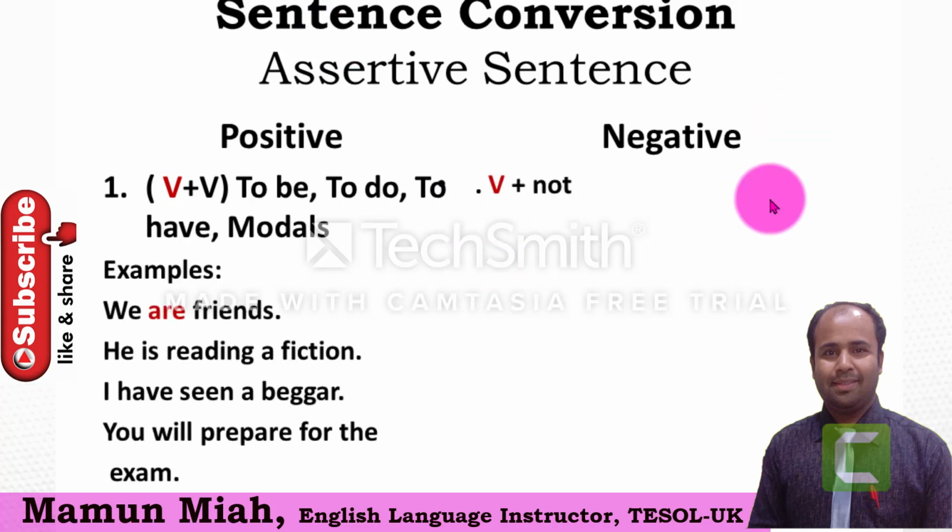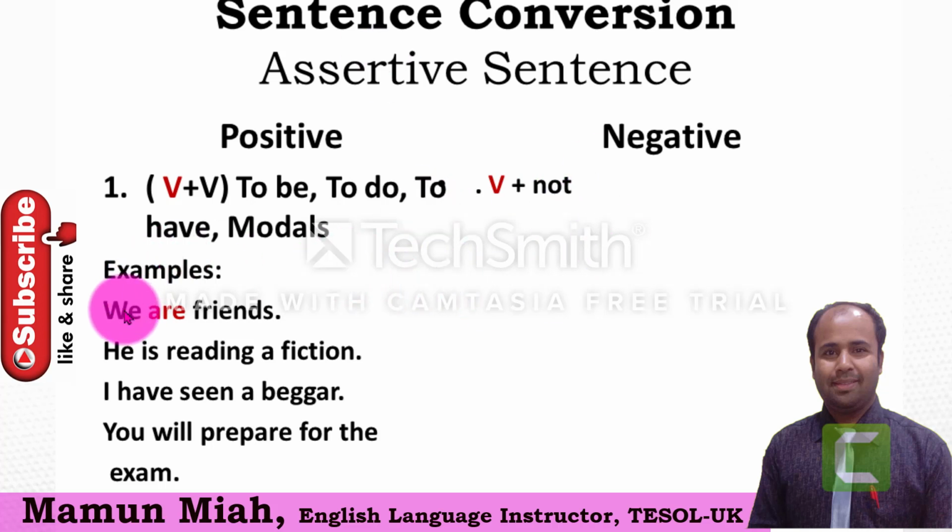Okay, my dear student, for the negative form you just use "not" after the first verb, red in color. Two verbs, the first one auxiliary, right? After that, you will use just "not". Then it would be called a negative sentence.